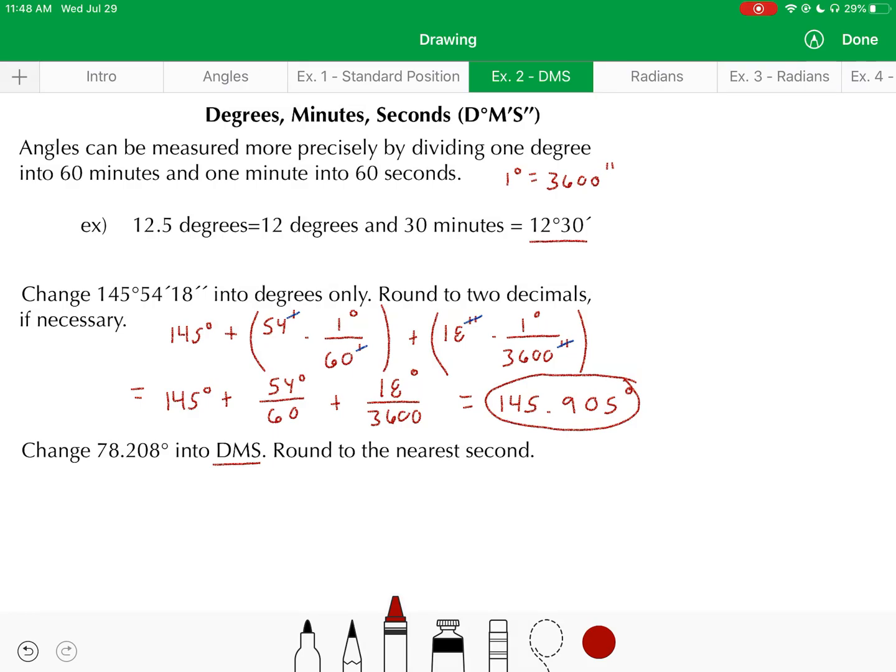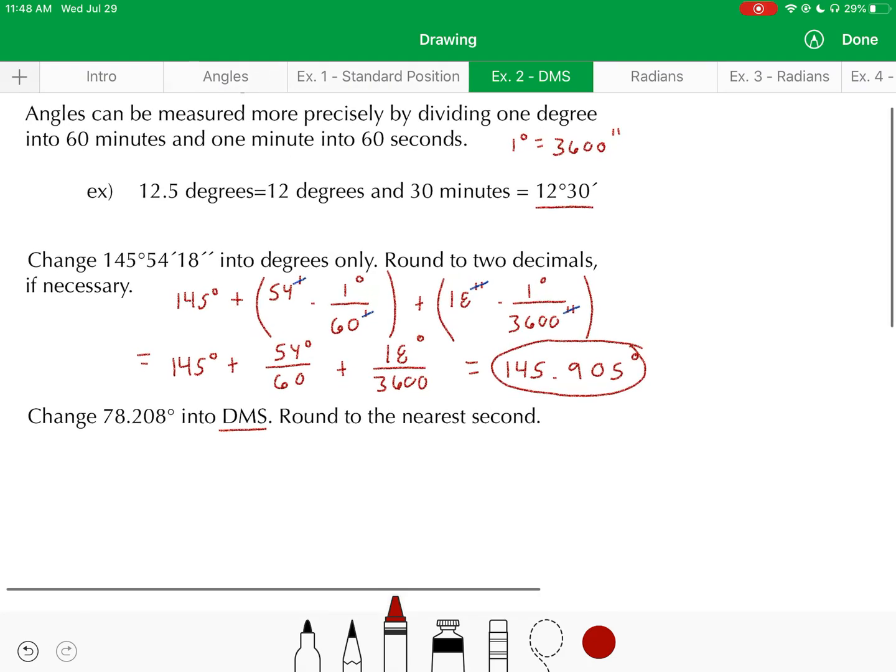I'm focusing on the 0.208 degrees, okay? So I'm going to take that measure and I'm going to multiply it by 60 minutes over 1 degree.